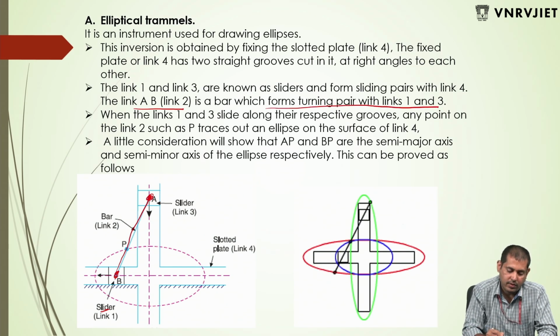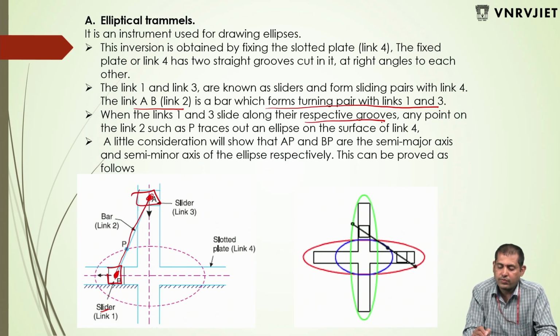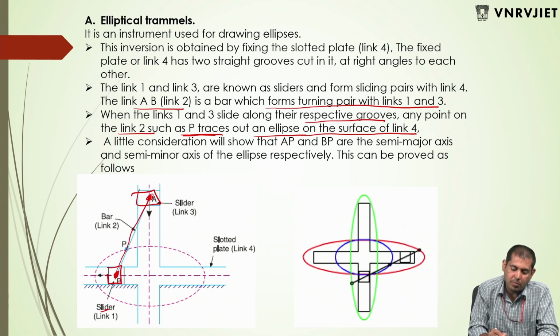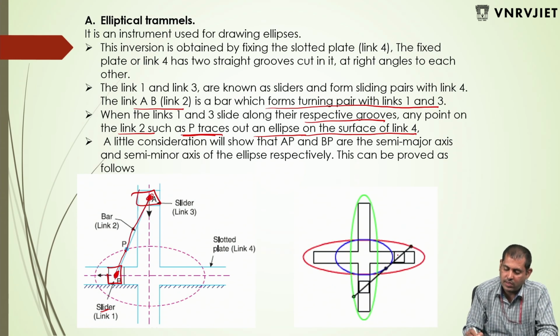When link 1 and 3 slide along their respective grooves, any point on link 2, such as P, traces out an ellipse on the surface of link 4. So this point P, when under rotational motion, tracks like this and produces elliptical motion. If you track another point here, it also produces one more elliptical motion.